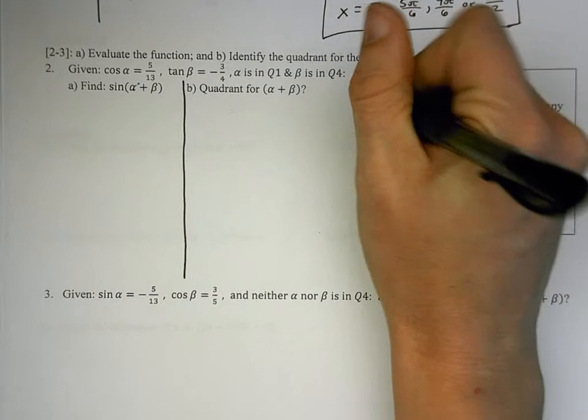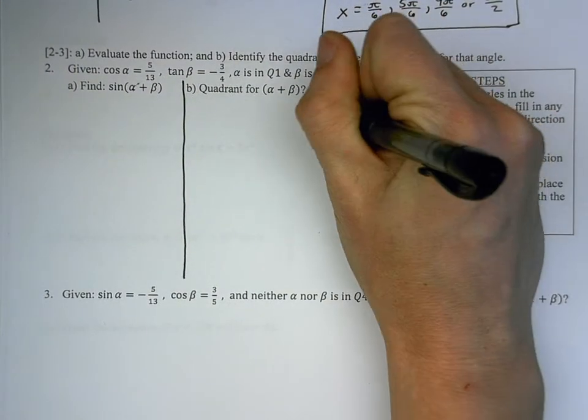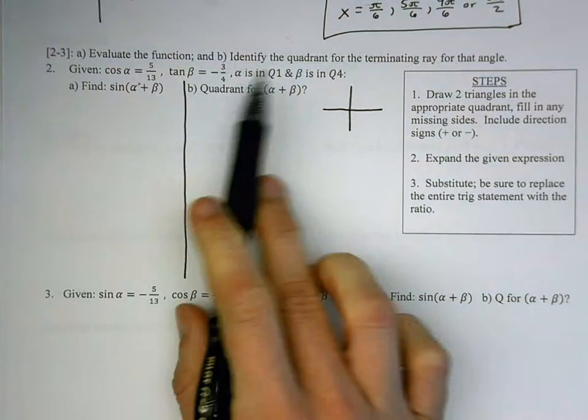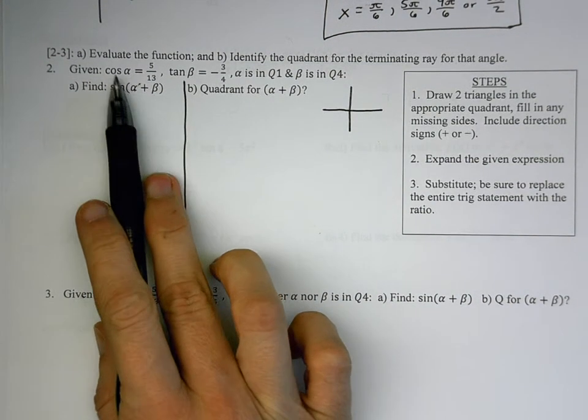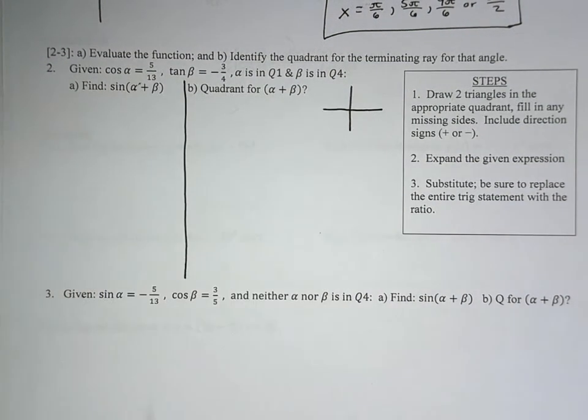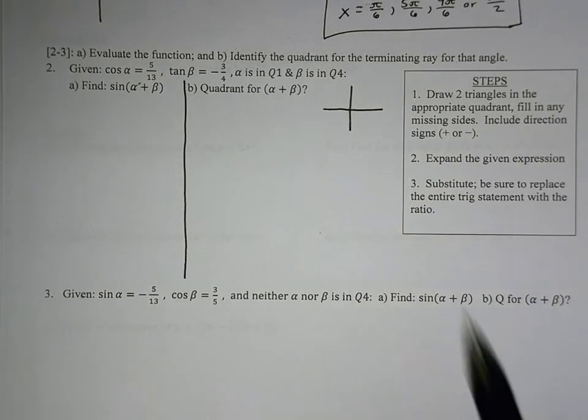So first up, we've got our alpha triangle here. Even before reading this last statement, ladies and gentlemen, cosine alpha is 5/13. Since cosine is positive, we actually already know that it's in one of two quadrants, right? What quadrant is cosine going to be positive in? Okay, well, cosine's positive in the first or fourth, right?